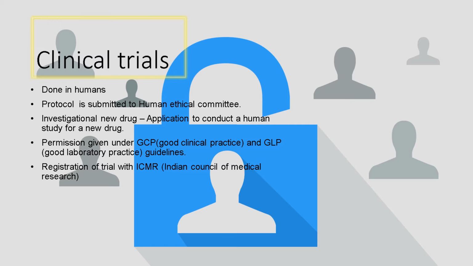If they say yes, you will register it with the ICMR, and the permission should be taken from the DCGI, Drug Controller General of India, also, that we are going to conduct such a new drug study. All this is legal procedure.